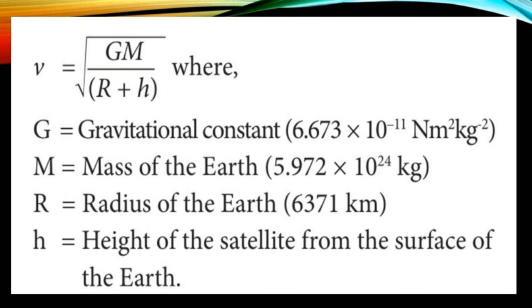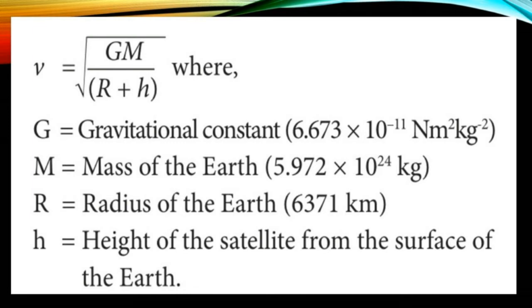Orbital velocity can be calculated using the following formula. V is equal to square root of GM divided by (R plus h), where G is the gravitational constant, 6.673 into 10 to the power minus 11 Newton meter square kilogram minus 2.